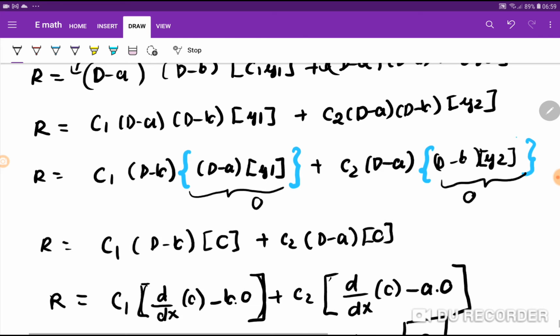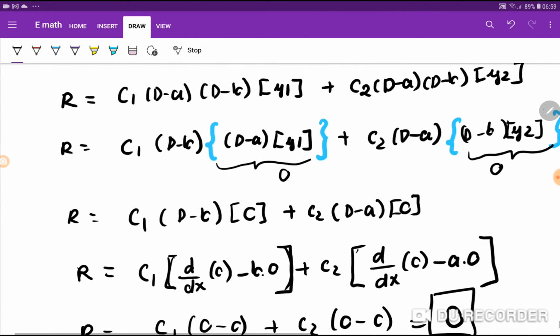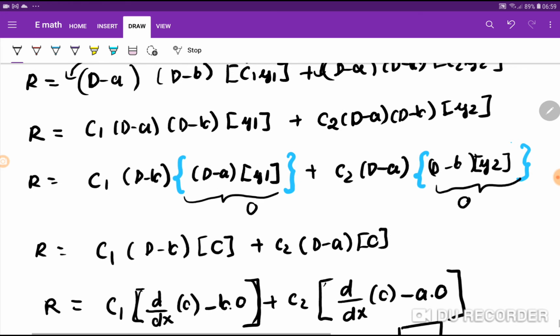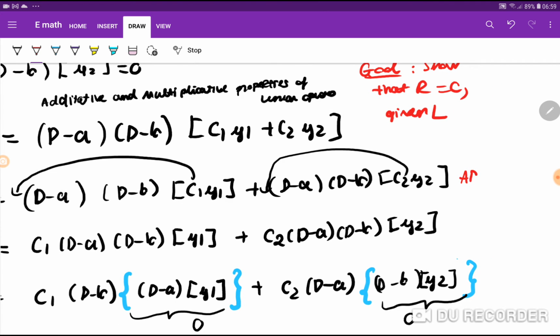So we successfully proved that from left you can obtain right. Let me write where I used additive: this one right here I used additive, and this one I used multiplicative.